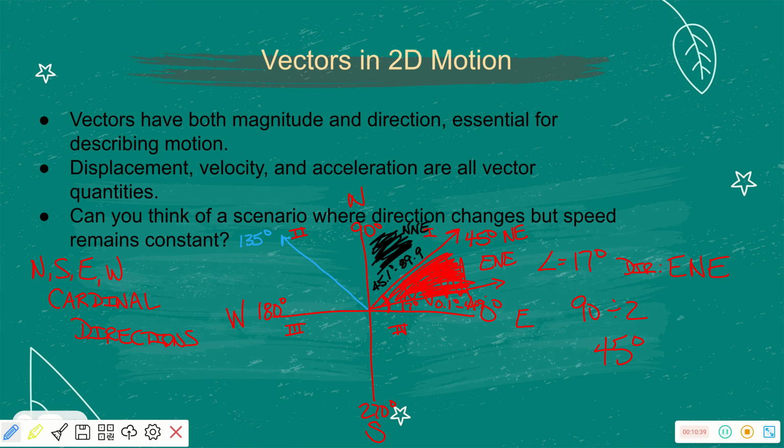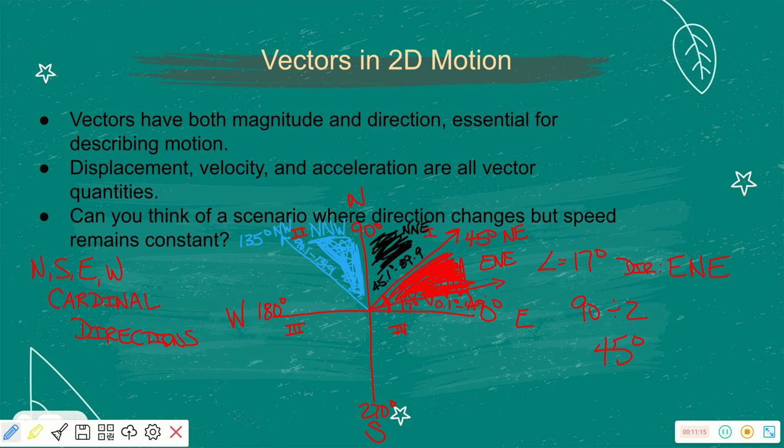Okay, and that means this would be moving northwest. Everything in here from 90.1 to 134.9 degrees, if a vector were to fall in here, would be moving north-northwest.